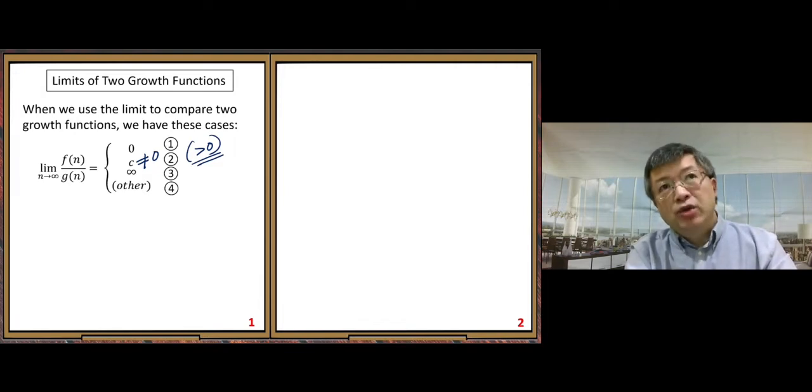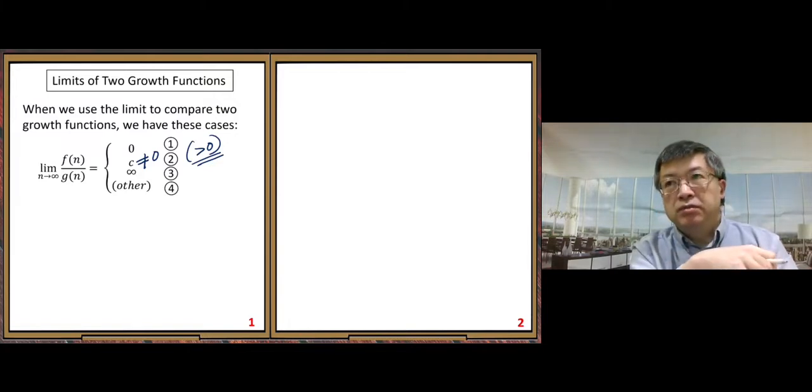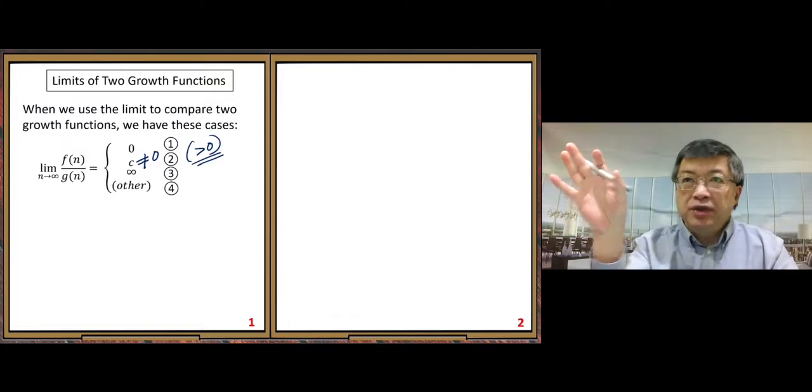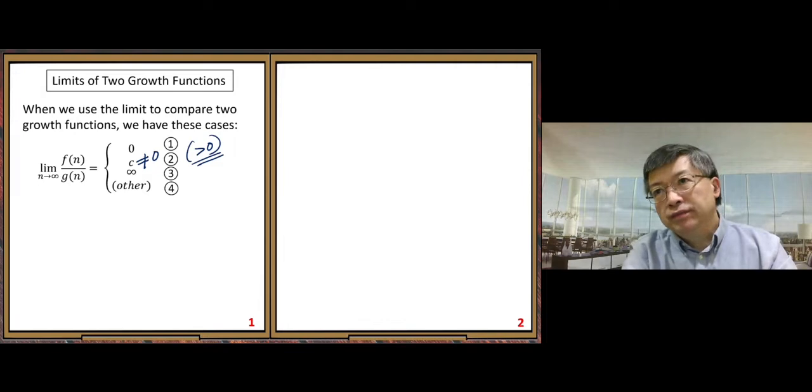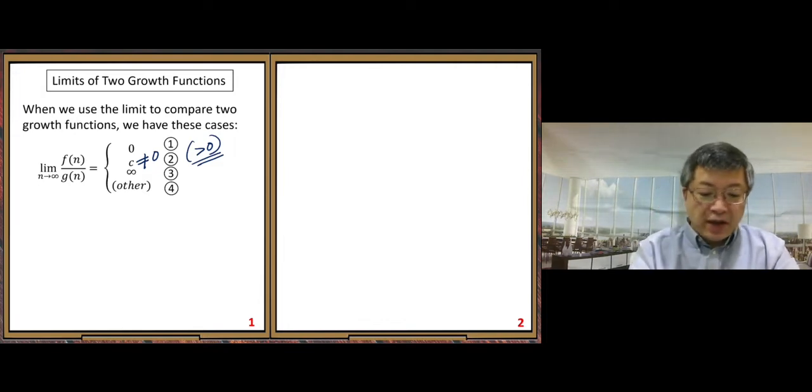It is pretty natural because when we talk about growth functions, we use the counting numbers of some operations. Those counting numbers, definitely, they are positive. So that's the second case.